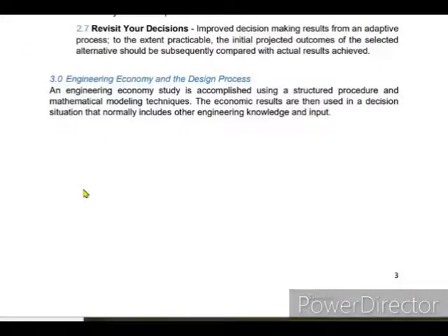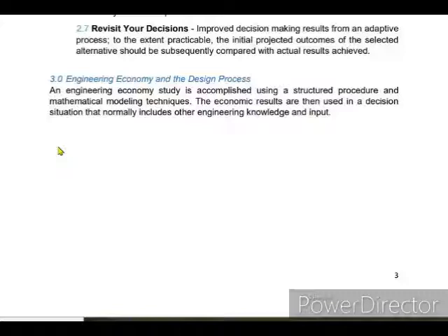3.0, Engineering Economy and the Design Process. An engineering economy study is accomplished using a structured procedure and mathematical modeling techniques. So we will not only study some sort of procedure here, but it is structured. We are going to follow some concrete rules here.